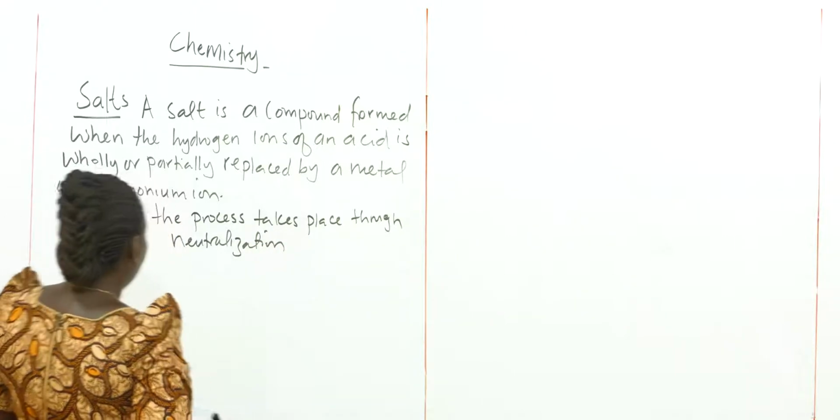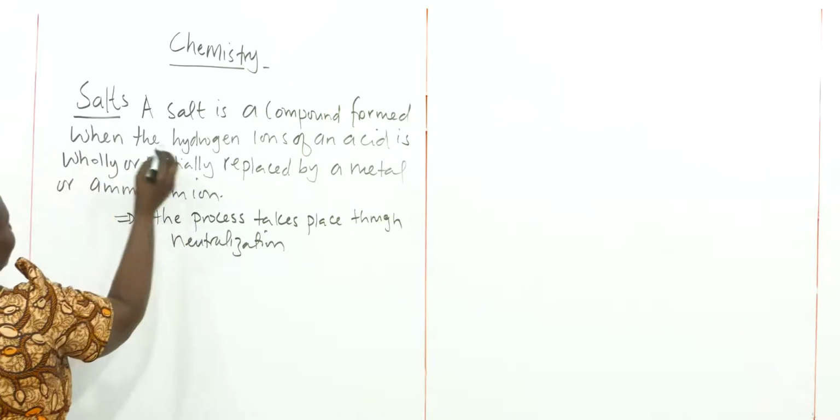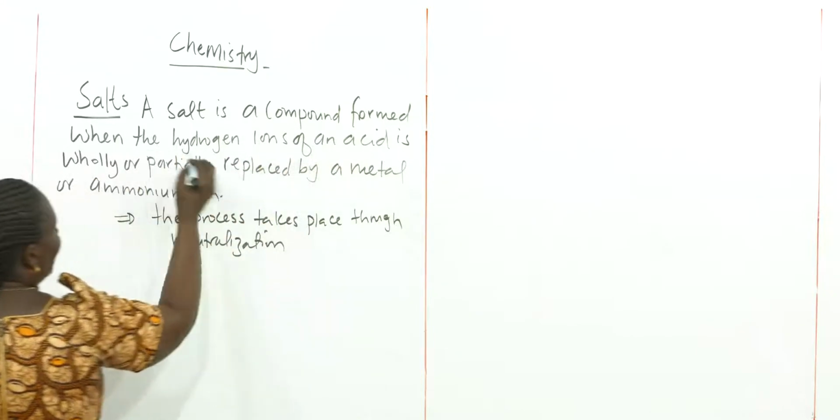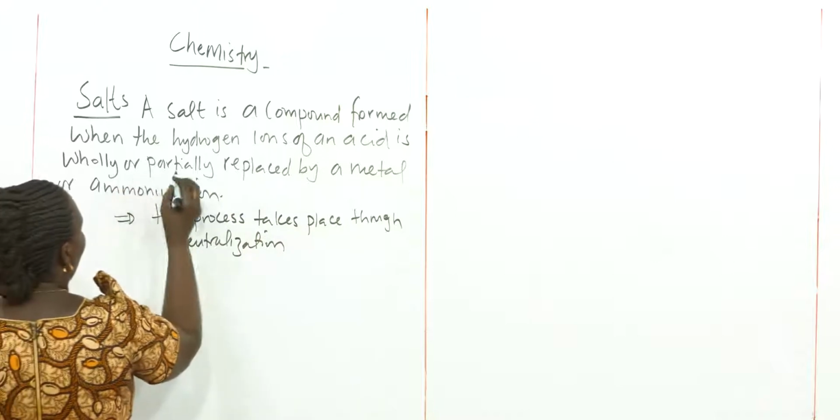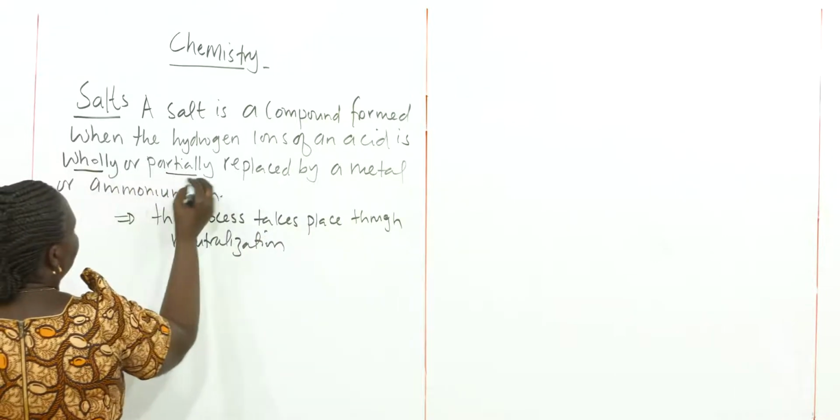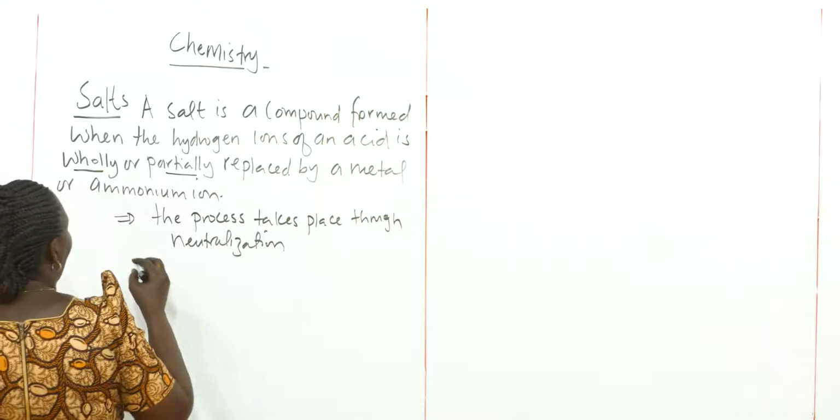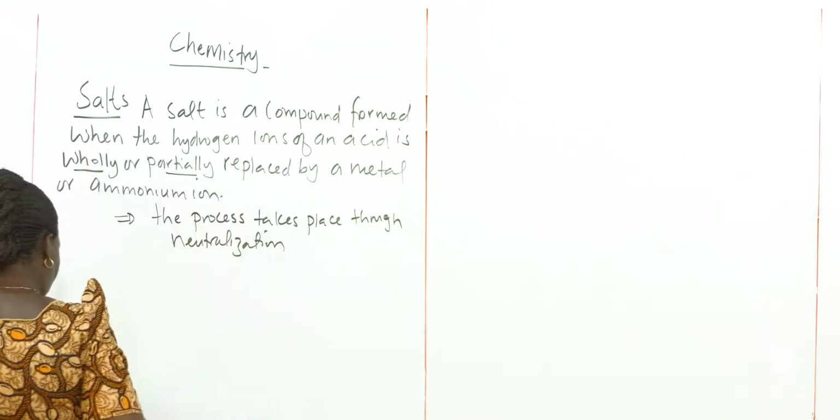Then we say that a salt is a compound formed when the hydrogen ions of an acid are wholly or partially replaced by a metal or ammonium ion.